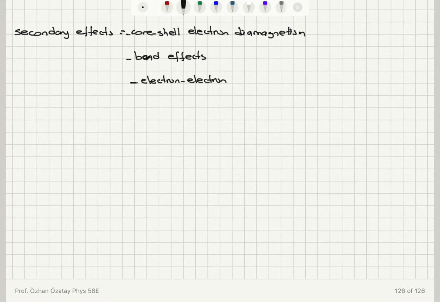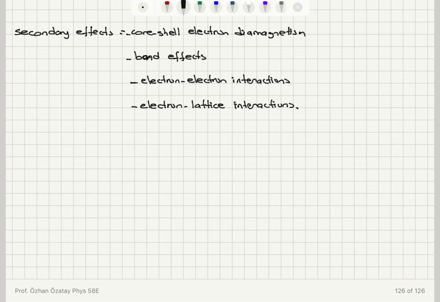Therefore, we said that these electrons are free to move. And also we didn't consider any electron-lattice interactions, because we have ions residing in the lattice, free electron lattice interactions. Okay, so these will all come into play in an actual experiment where we will see corrections.